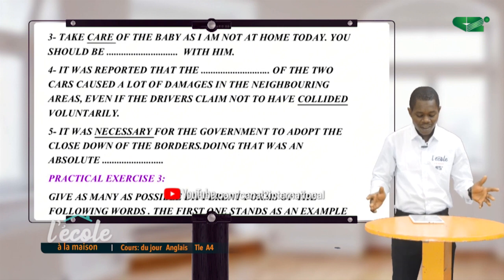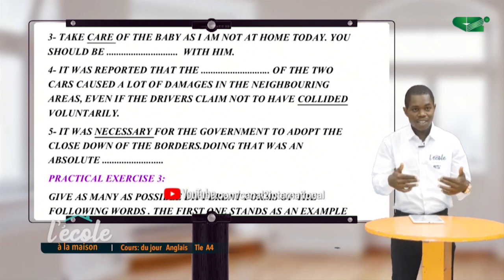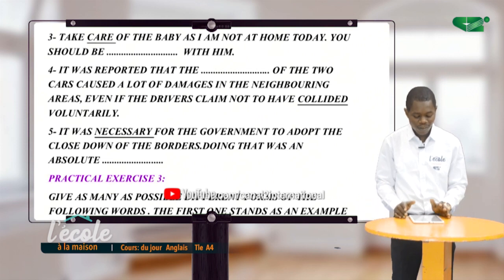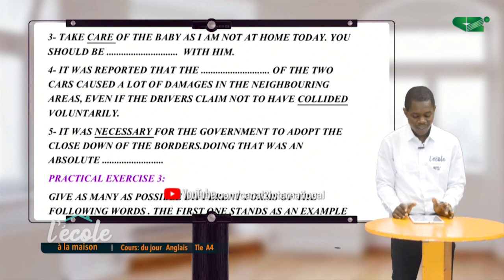You should be based on care. Identifying the suffixes, you use ful. You should be careful. That is, pay attention. Take a look constantly at the baby. Great. You should be careful with him.